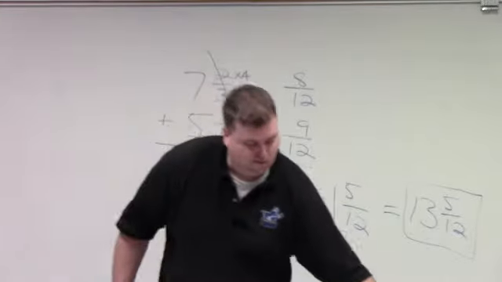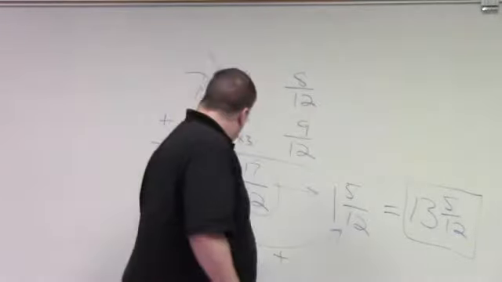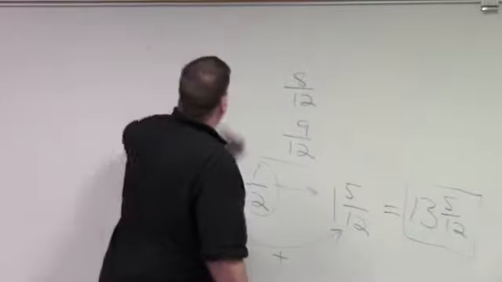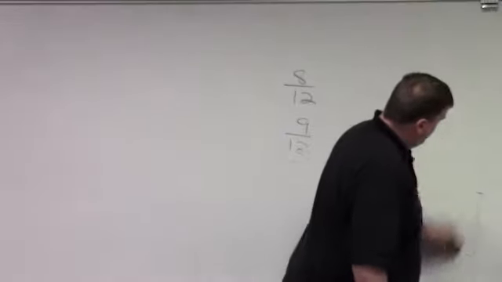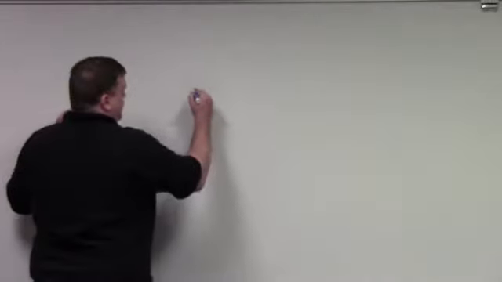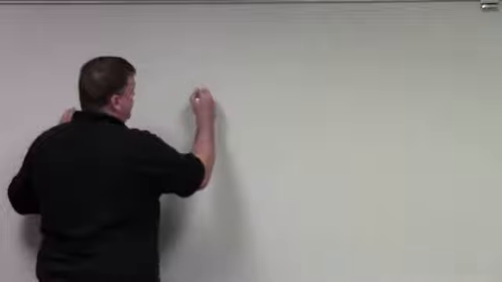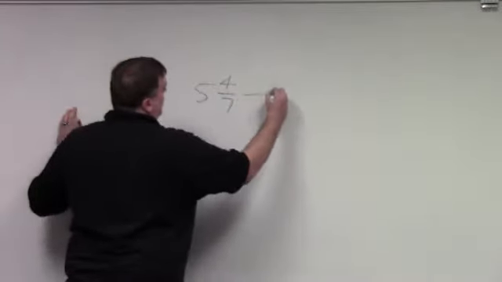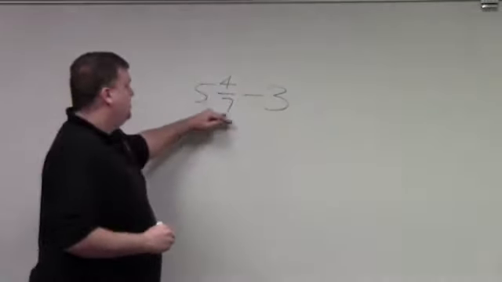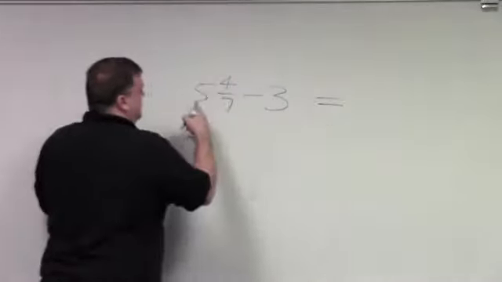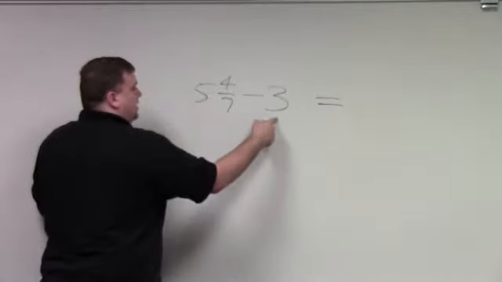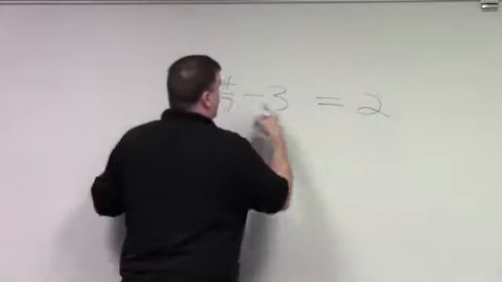Let's move to subtraction, which is on the back of this. So just like some easy addition, there is some easy subtraction that we can do as well, if you see it. If I have a mixed number and I'm subtracting a whole number, you can just subtract the whole number. 5 minus 3 is 2, and keep that fraction.